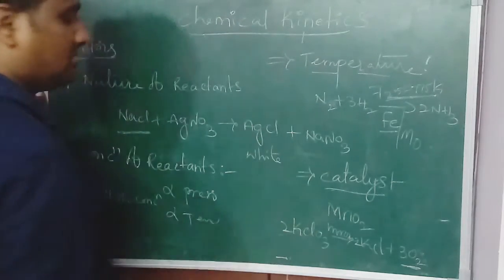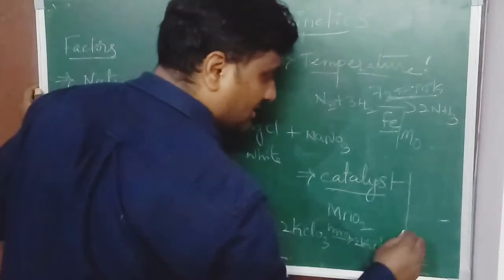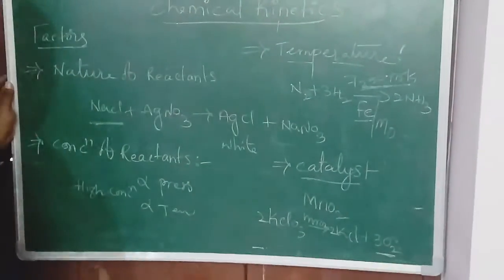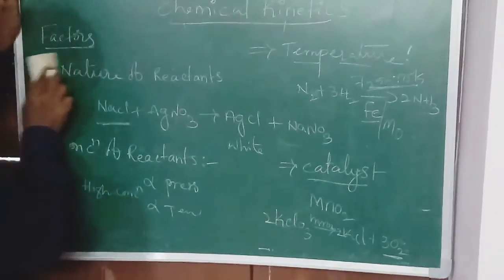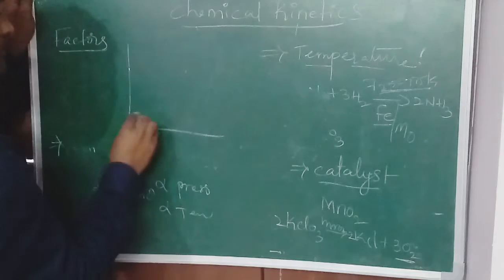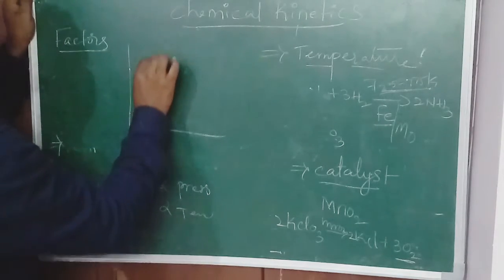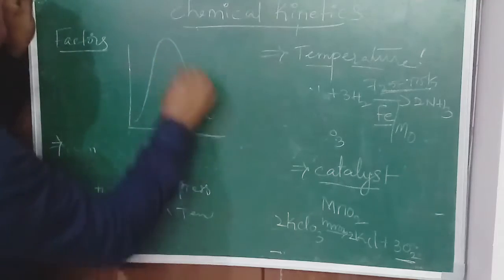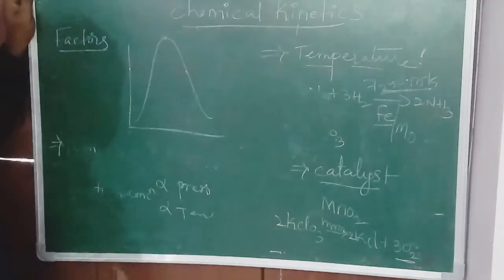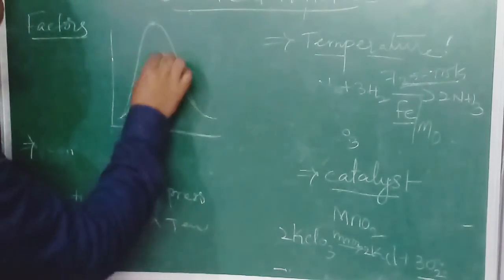For example, graphically it shows the catalyst effect on the rate of reaction. When there is no temperature increase, the activated complex is here. When increasing the temperature, the activated complex is here.